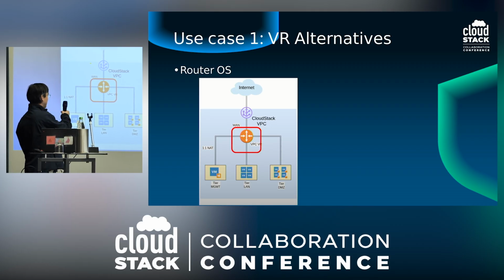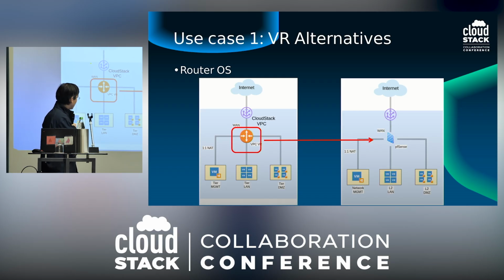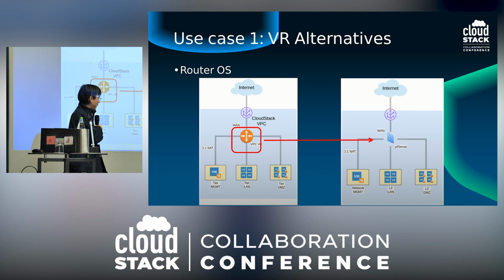We have a VPC VR as the gateway of the tiers, and we can use a VNF, for example pfSense, to replace the VPC VR. So it can connect the isolated networks and some L2 networks with the VNF.